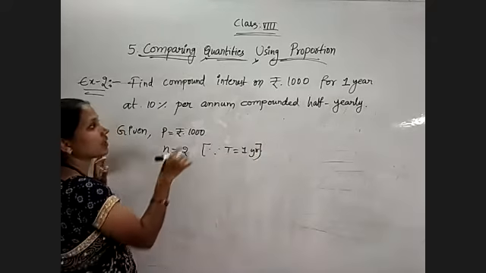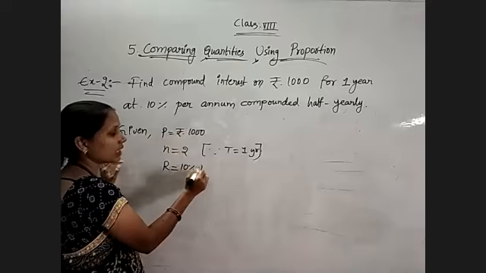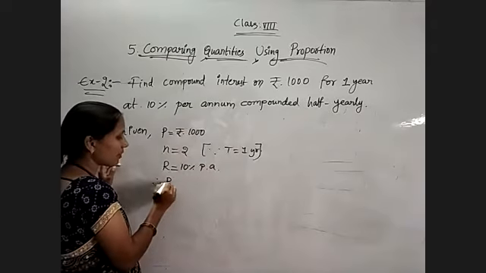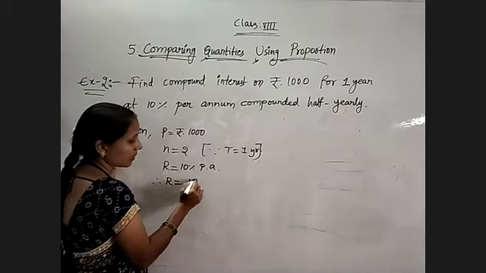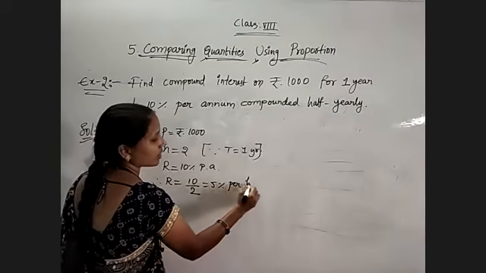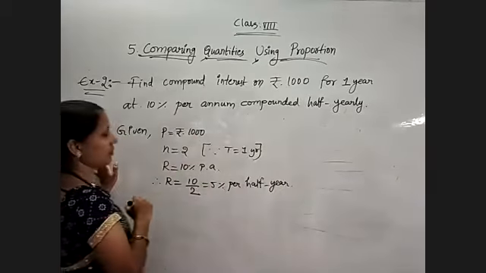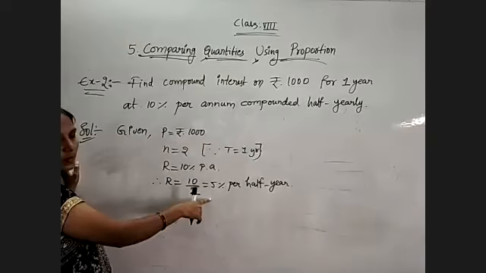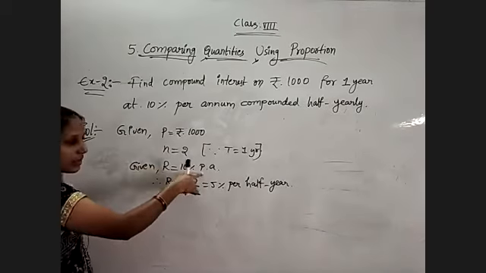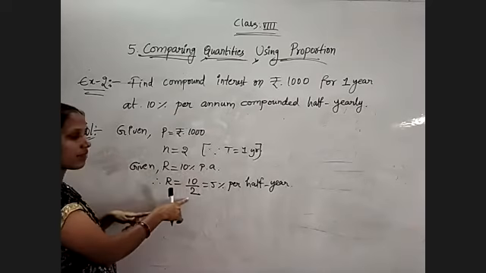And the rate of interest is given as 10% per annum, but we have to take it for half yearly. So the rate of interest for half year, that is 10 by 2, is equal to 5% per half year. This value we must take now. The given rate of interest per annum is 10%, but we have to take it for half year, so half of the given value, that is 5%.